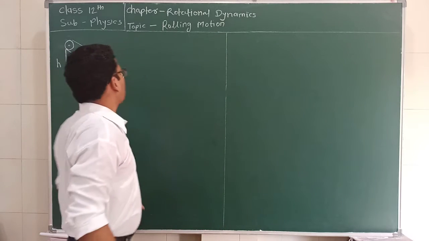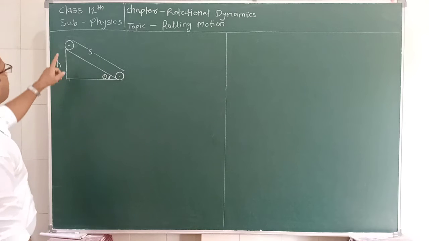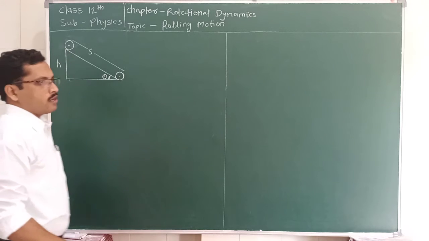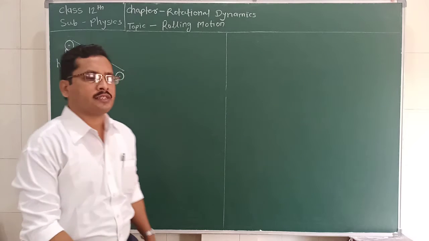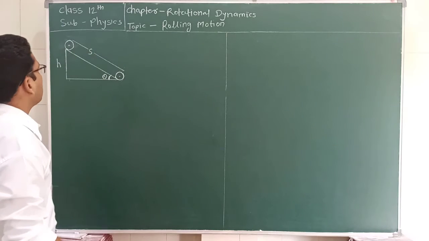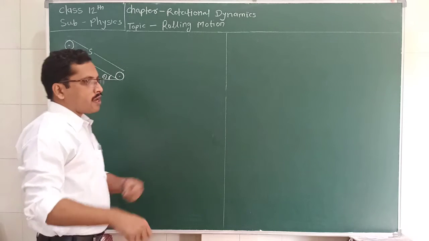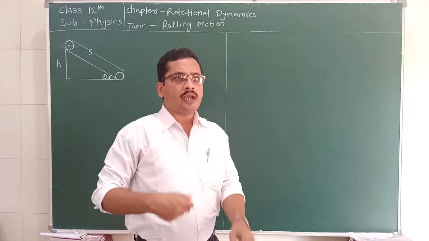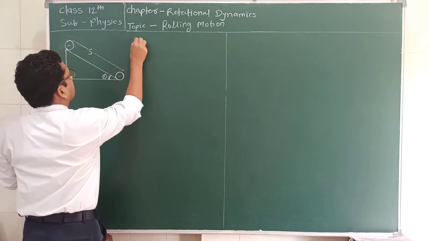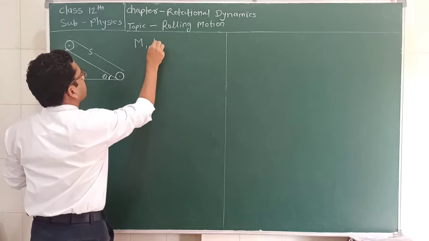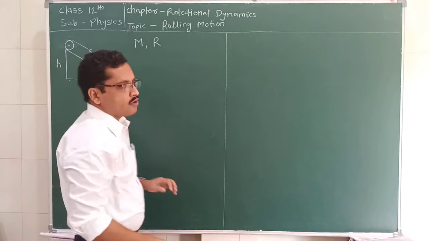Now for that, consider the condition when this ring is at the top of the inclined surface. When it is at the top and when it starts rolling, what is the rolling kinetic energy of the body? Consider that this ring has mass m and the radius of the ring is equal to r.